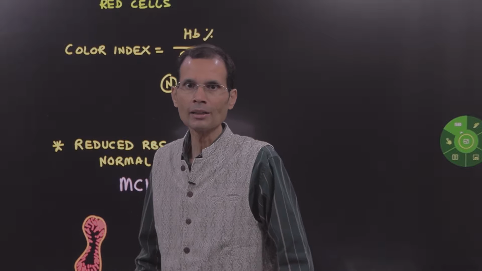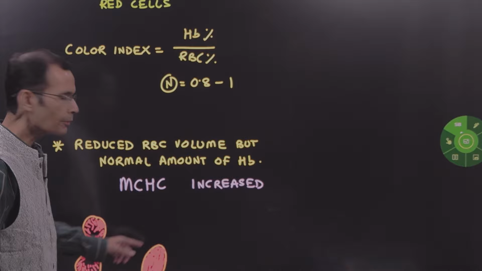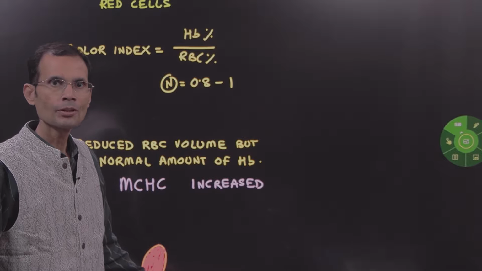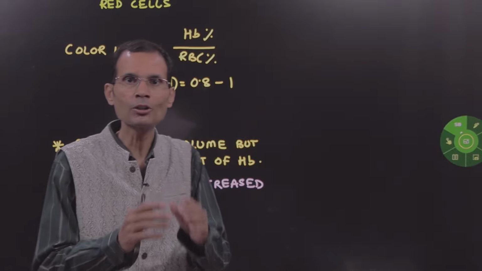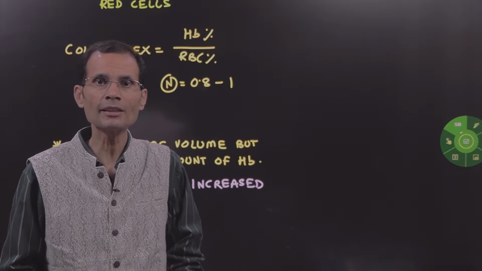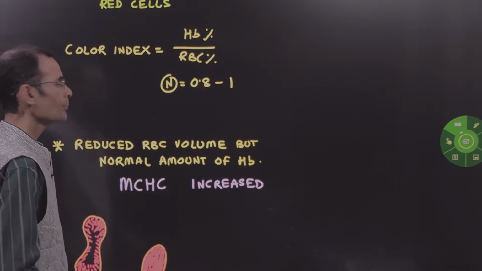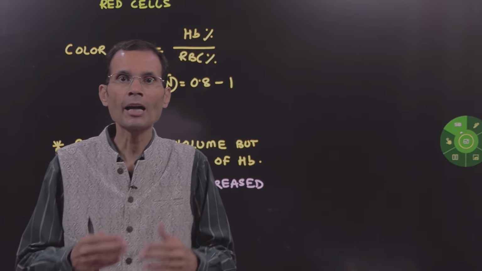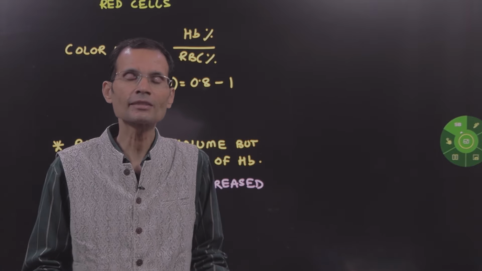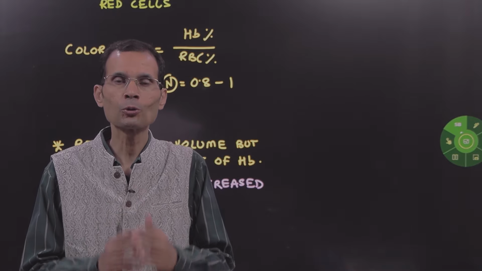That central pallor disappears and most of the RBC is filled with hemoglobin, so MCHC increases. Smaller RBC, completely filled with hemoglobin, no central pallor, and therefore hyperchromic anemia with increased MCHC. That's the morphology seen in hereditary spherocytosis.